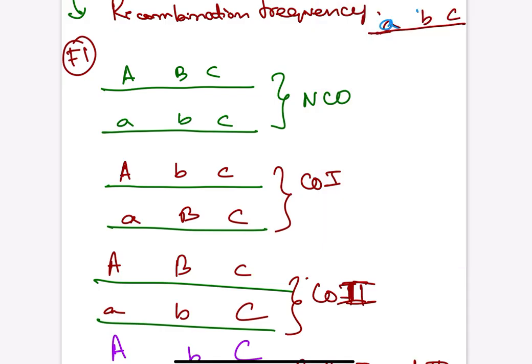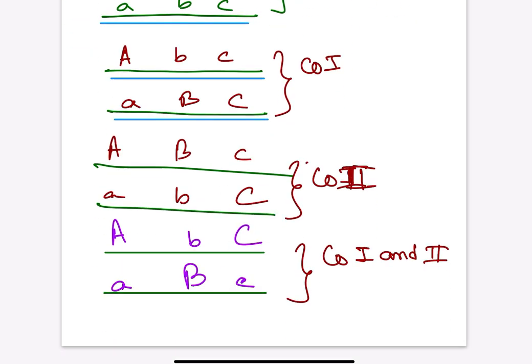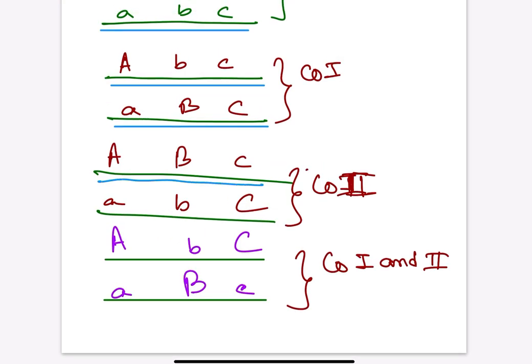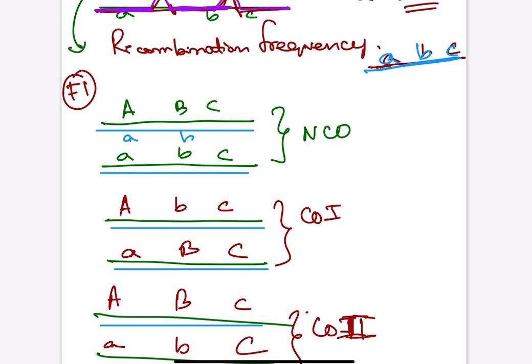So, capital A, capital B, and the rest all small. You just write it below these, and it becomes the genotype of the F1 individual, right? So, it is small a, small b, small c, and I'm not writing it, you understand.